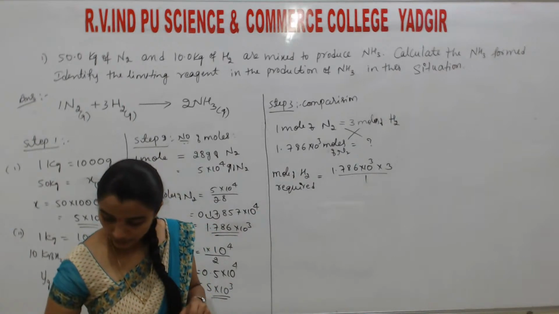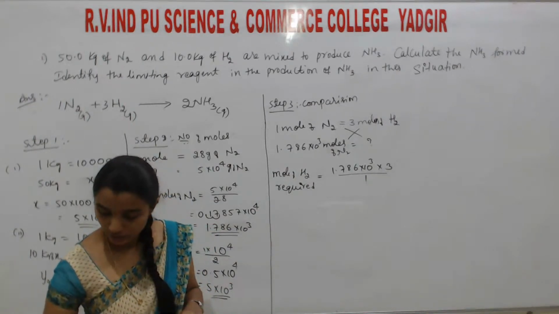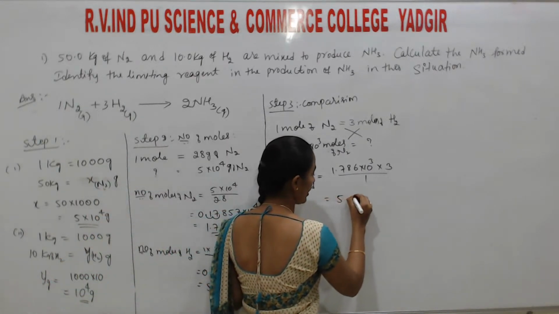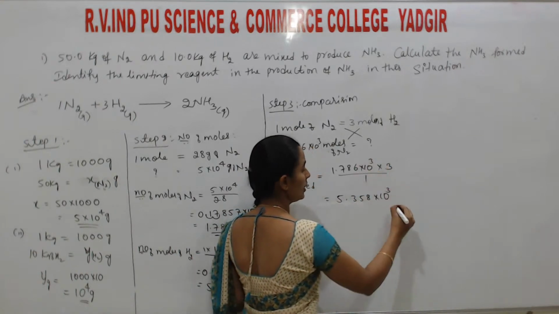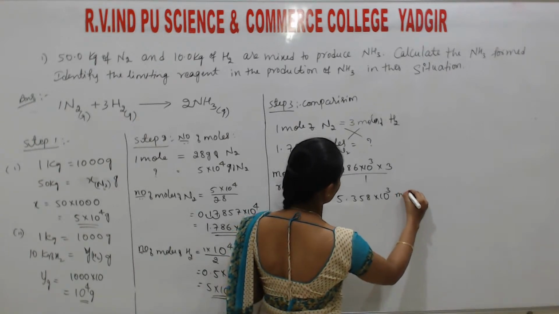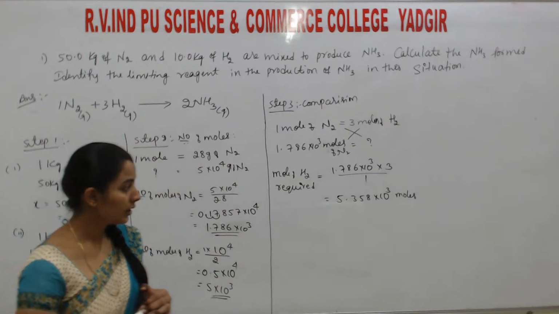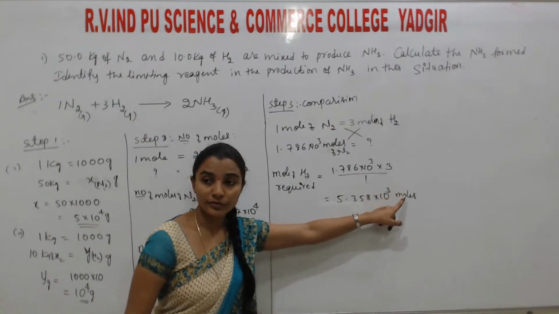So if you multiply 1.786 into 3, you will get 5.358 into 10 to the power of 3 moles. Understand, students? Here we require 5.358 into 10 to the power of 3 moles.